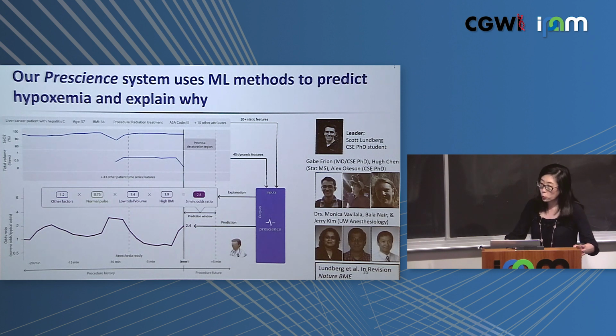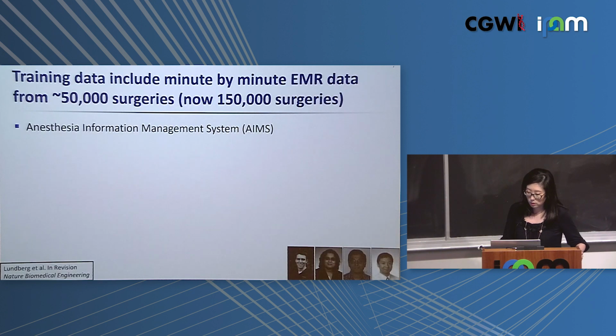Based on about 20 static features, the data from patient charts, and 45 dynamic features, what you measure, the patient's vital signs and so on, Prescience can make a real-time prediction in the form of a numeric representation of a risk, for instance, a 2.5 odds ratio. Its major feature is that it can explain why this prediction was made, regardless of the complexity of the machine learning model used to make this prediction.